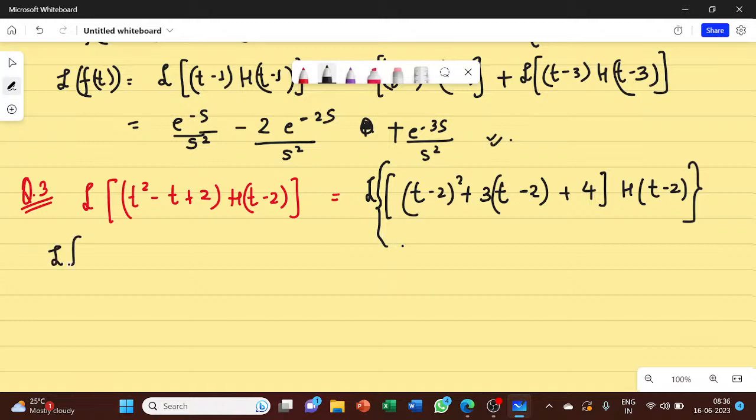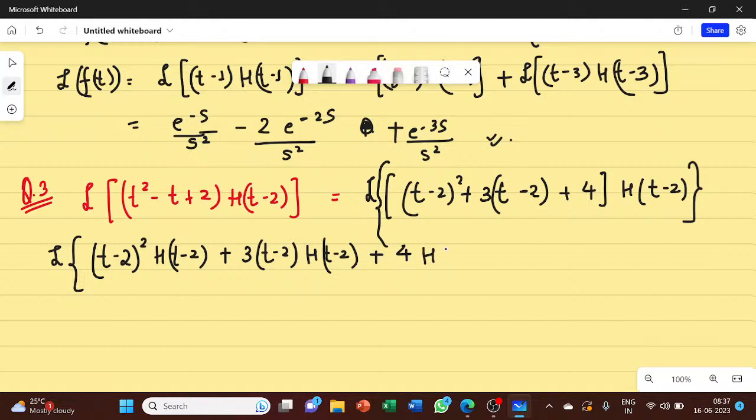Okay, so this is how you write your Laplace transform. So Laplace transform of t minus 2 whole square, h of t minus 2, then plus 3 times t minus 2 into Heaviside function at 2, then plus 4 times h of t minus 2. Is that clear? Now the Laplace transform of this will be equal to e to the power of minus 2s into 2 upon s cube.